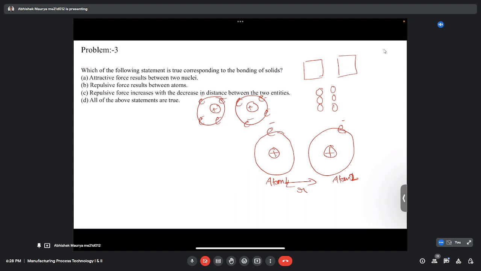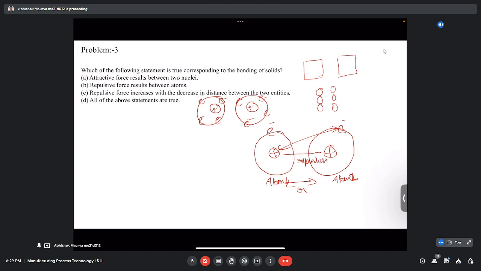Its nucleus is positive charge, so it will feel an attraction force between this nucleus and the electron of the other atom. As well as, the nucleus of atom 2 is also positive charge, so it will feel a repulsion force.